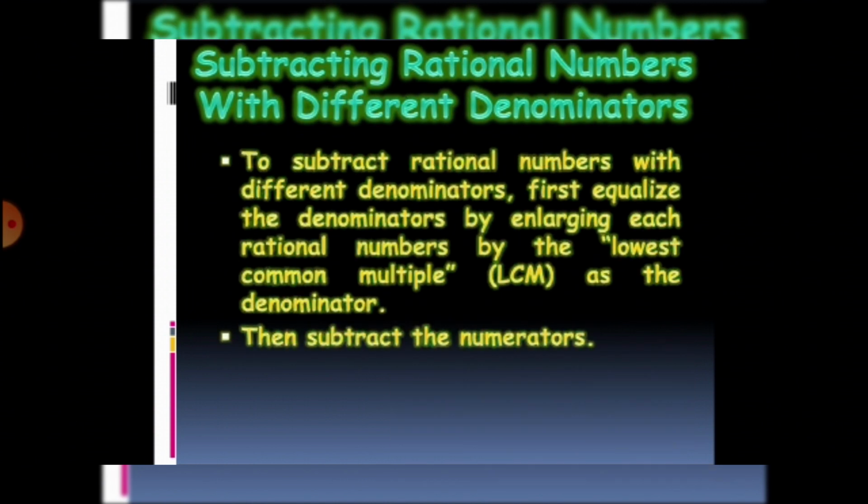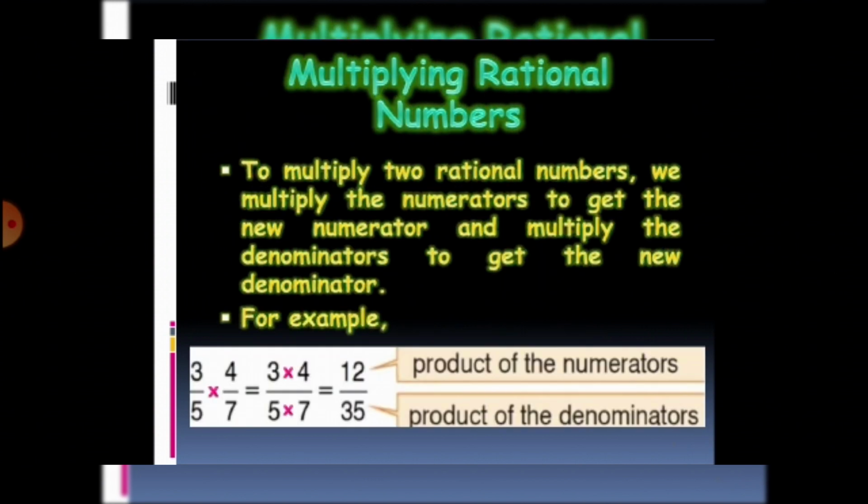Then subtracting rational numbers with different denominators. To subtract rational numbers with different denominators, first equalize the denominators by enlarging each rational number by the lowest common multiple as the denominator. Then subtract the numerators. Now how to multiply rational numbers?